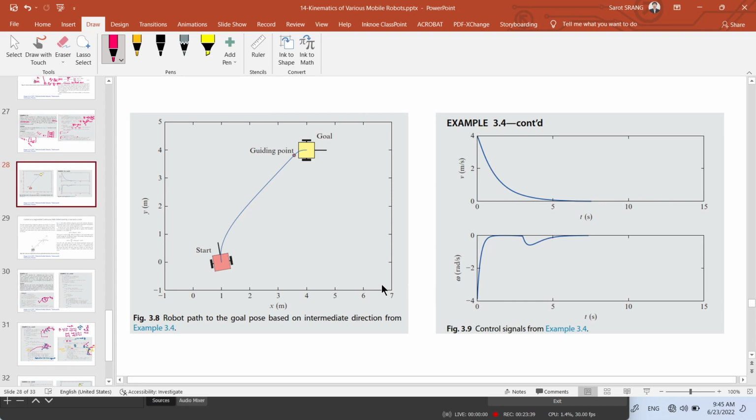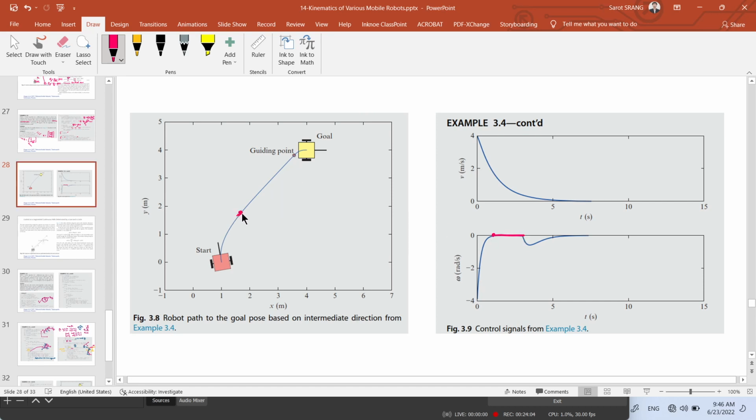And for orientation, we can see that around here near the goal, the orientation changes by a lot. So in the function of time, the direction of omega, from around here, almost does not change.